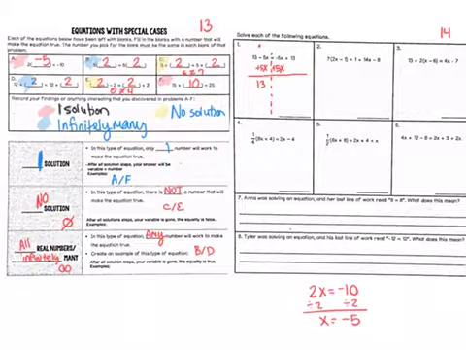On the right, negative 5x and positive 5x will cancel, leaving me just with 13. In this situation, since the variables canceled each other out completely, so there is no variable left here, and the two sides of the equal sign are equivalent, this is an example of an equation that has infinitely many solutions.